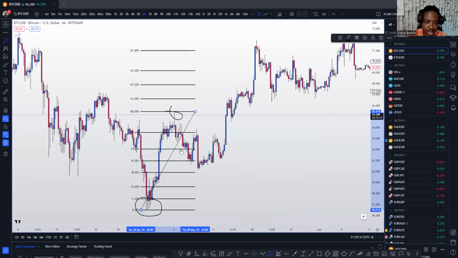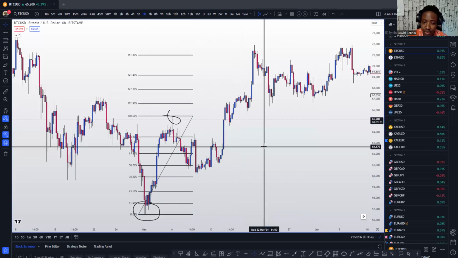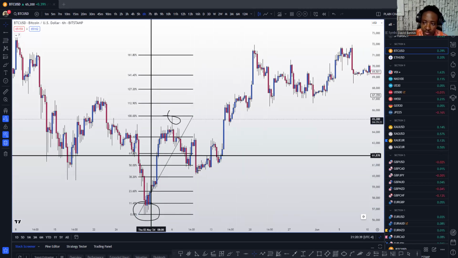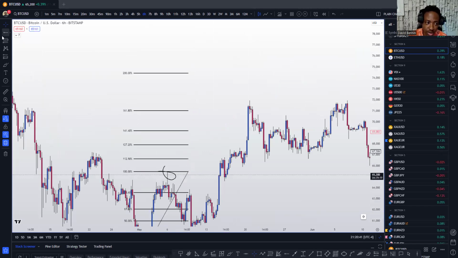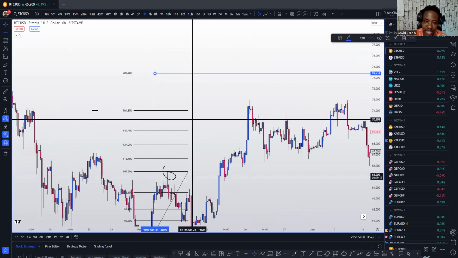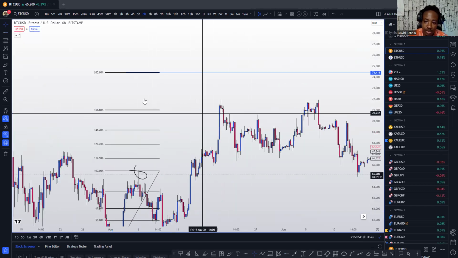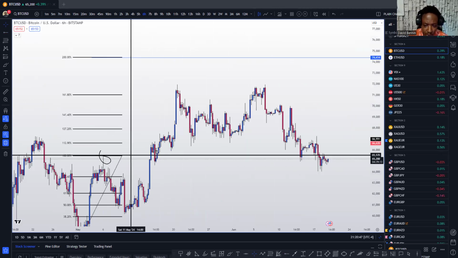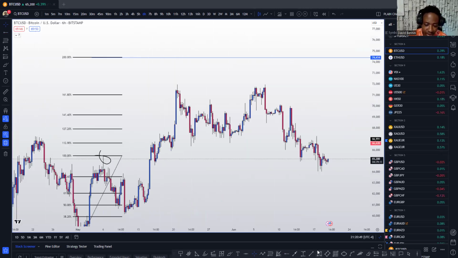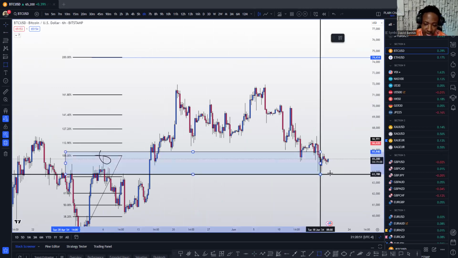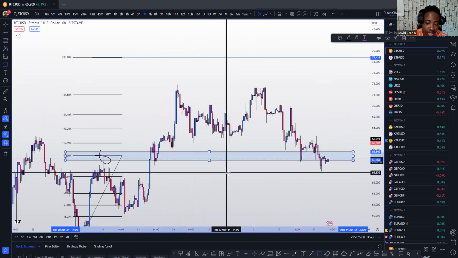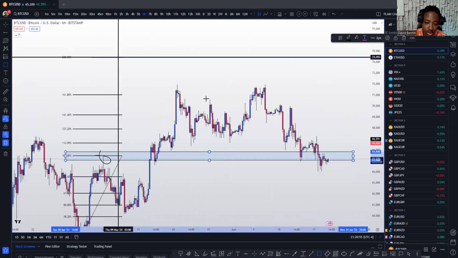With a 50% retracement, the TP is a 2.0, but a 2.0 is very long term, which means looking at BTC, if BTC stays above the 1 level here, very, very long term we could make it to 2.0.